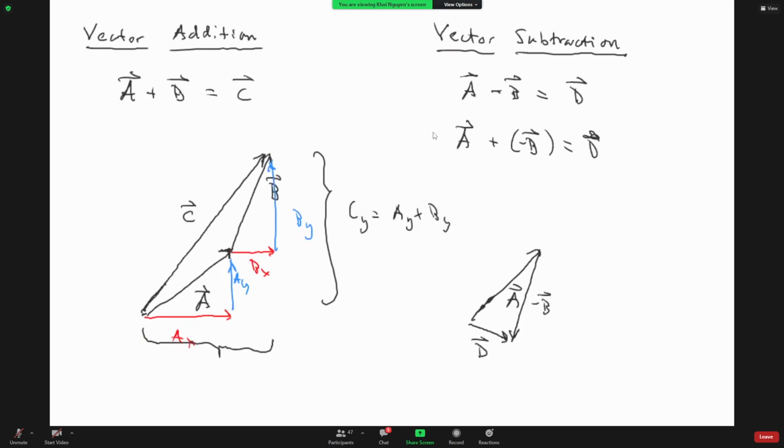And then cx is simply ax plus bx. So by breaking those vectors down into a horizontal and a vertical direction, we can add them together to find the resultant. And to find c, we simply do cx squared plus cy squared is equal to c squared, and then we square root both sides, right?